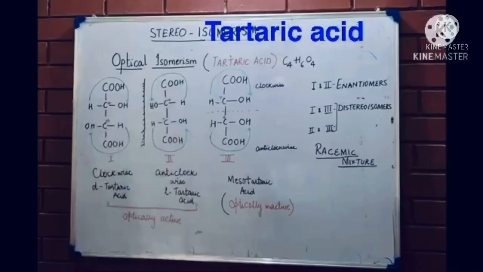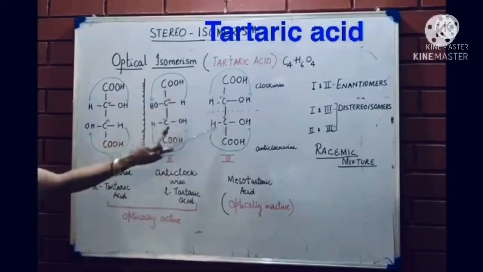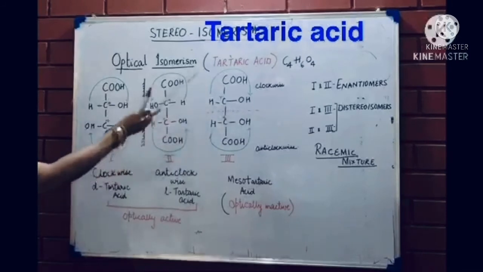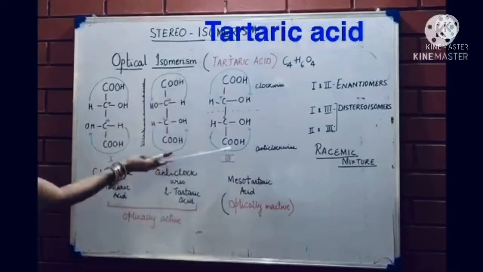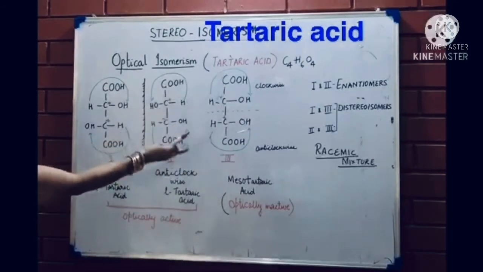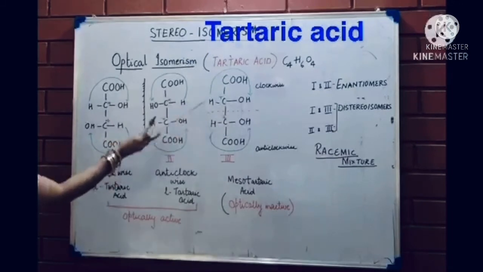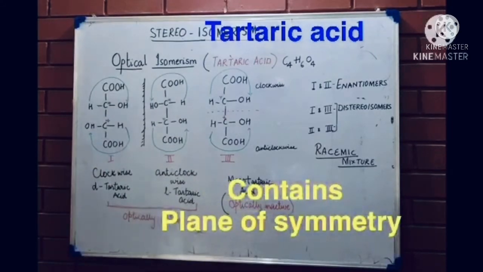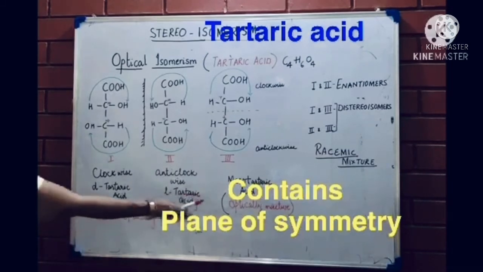The third one contains 2 asymmetric carbon atoms, but there is a plane of symmetry here. If I fold the compound, COOH will come on this, OH will come on this, H will come on this, which means that this compound is not optically active. And how is it becoming optically inactive?